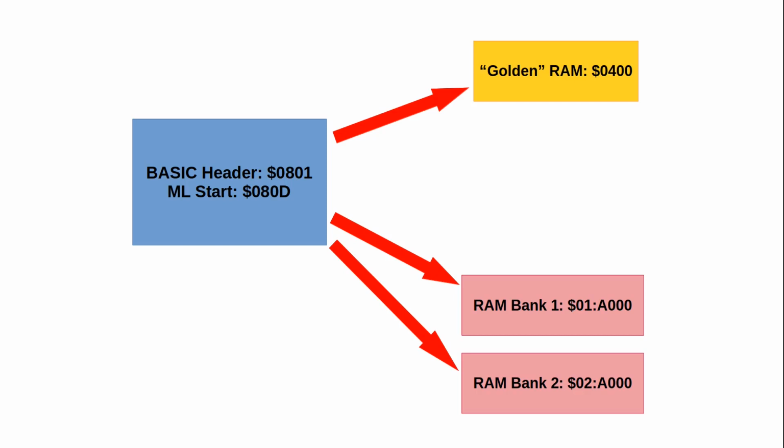And then it will have, in this particular example, 2 more programs that were configured for RAM banks. One for RAM Bank 1 and another for RAM Bank 2, both starting at the beginning of that RAM bank window at hex A000. And that's what we have to be able to do, is build essentially 4 different programs that each have their own configuration, although the RAM banks are basically the same configuration, just a matter of where we load them.